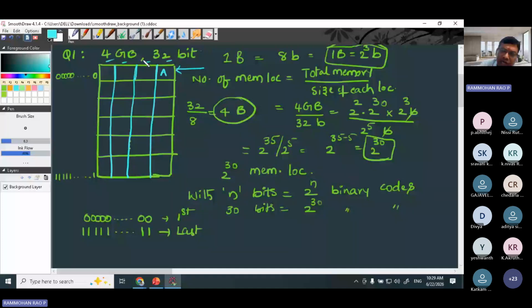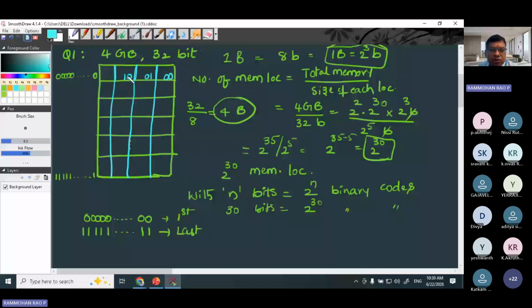If there are 4 different locations for which I need to generate an address, how many bit binary code do I need? 2-bit binary code is enough because 2 power 2 is 4. So apart from that 30-bit address, another 2 bits I use. I call this one 00, 01, 10, 11.